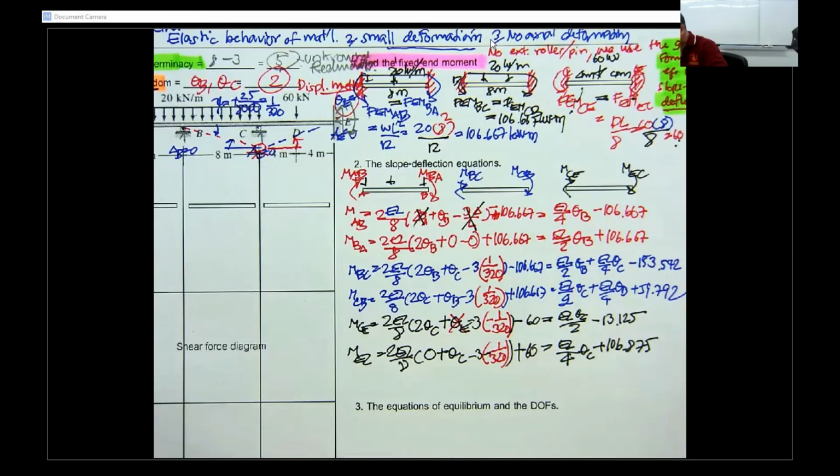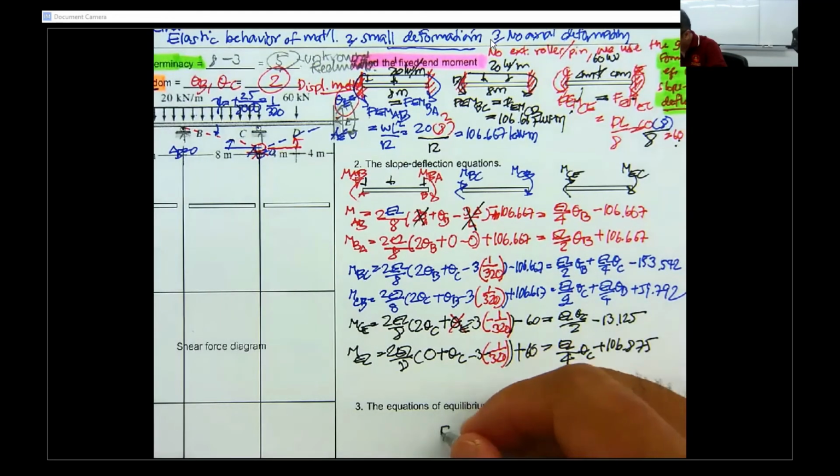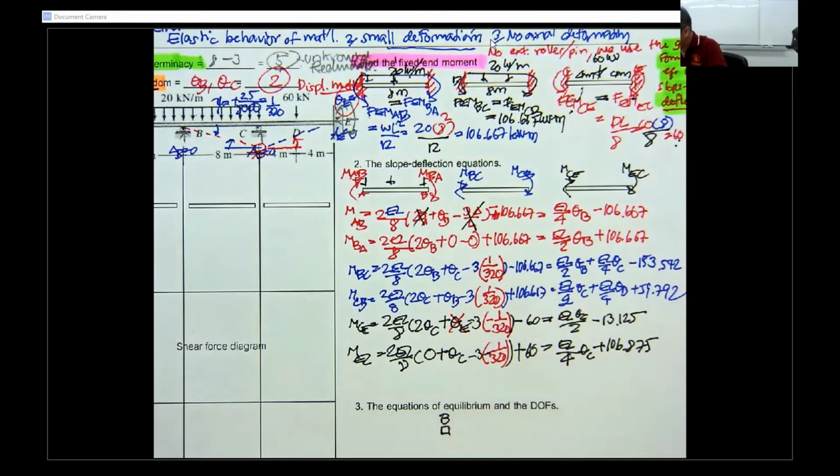But next, you have to consider the point here is going to be B, and the point here is going to be C. You are going to consider the equation of equilibrium that is going to be used to solve for theta sub B. That means you're going to use this one, and for theta sub C, you're going to use this one.